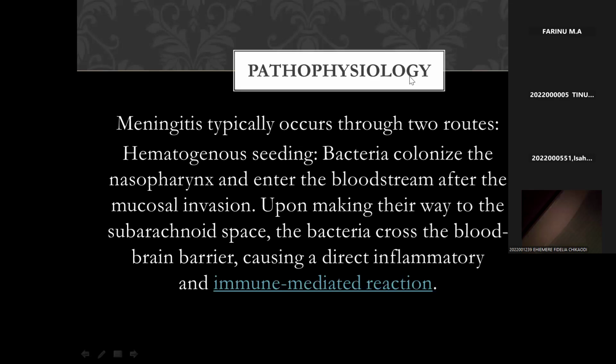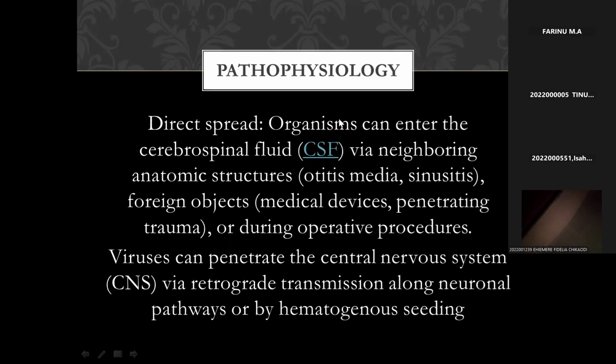So when microorganisms find their way into the body, the body will want to defend itself. That is why we have this inflammatory response. And immediately this happens, what will happen? There will be an inflammatory response within the meninges, and the meninges will become inflamed. The intracranial pressure will go up. So that is why patients start manifesting all these signs and symptoms that we'll discuss later.